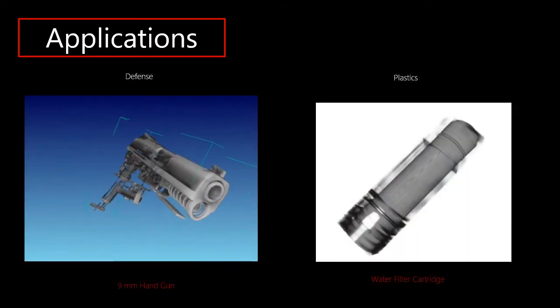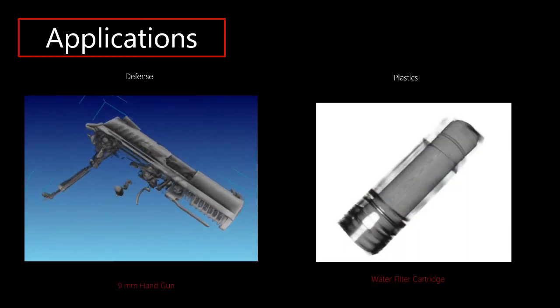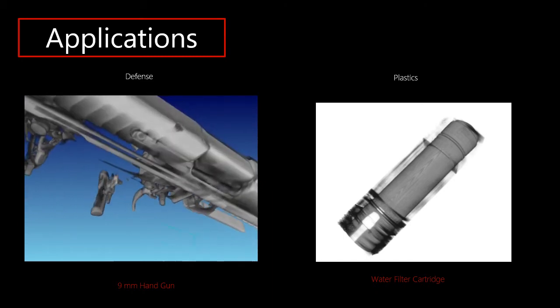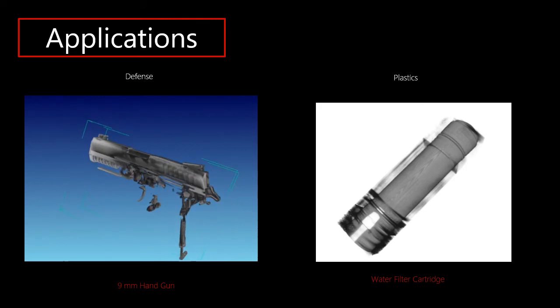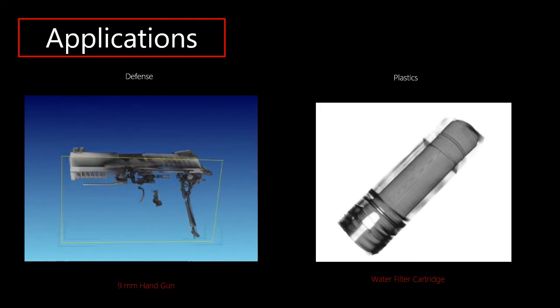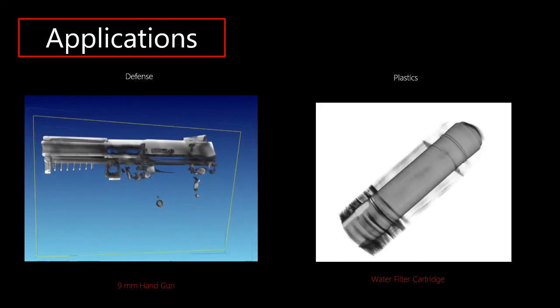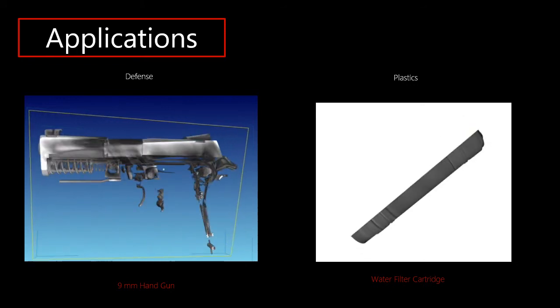In terms of defense and military, we can do a quality check on a handgun. This is a 9mm handgun. While in terms of plastics, this is an example of a multi-component water filter cartridge.